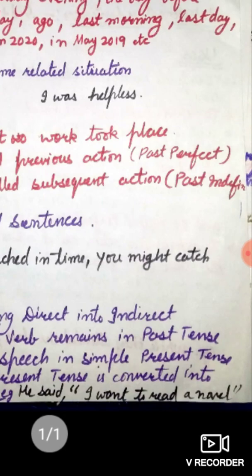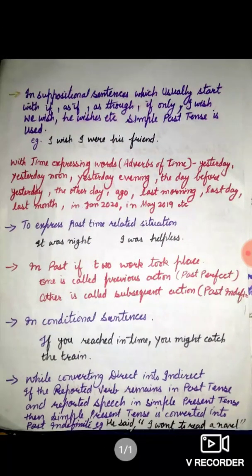He said will remain said. He said that, I is converted into he. He said that he wanted to read a novel. I want to read a novel is converted into he wanted to read a novel.